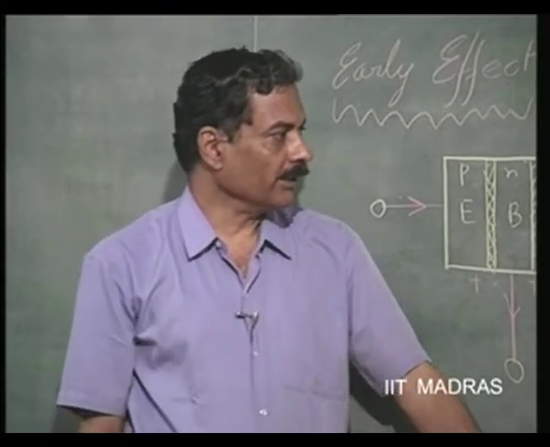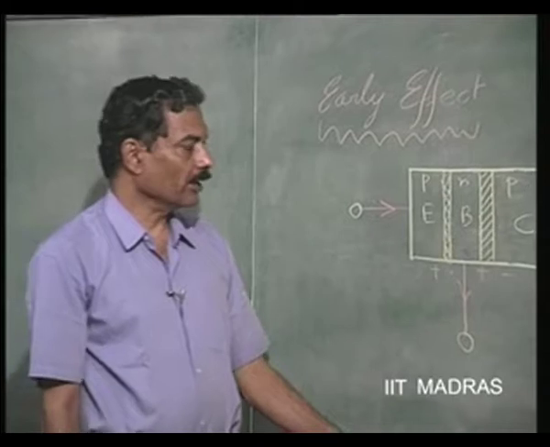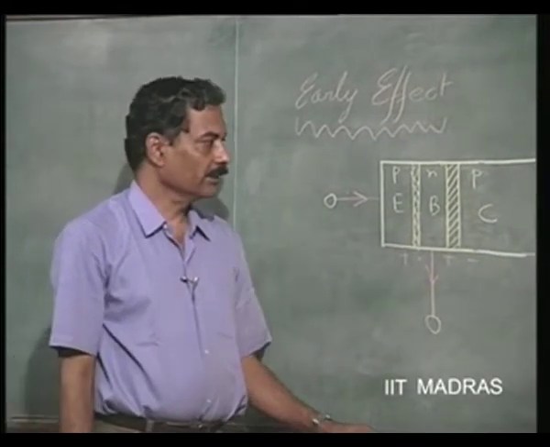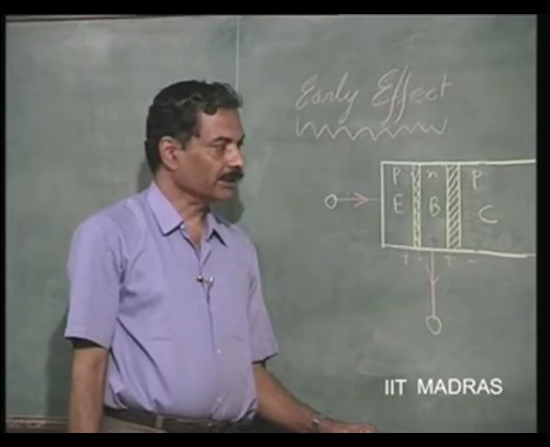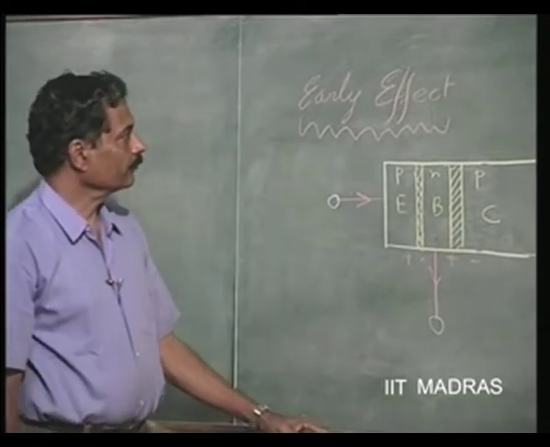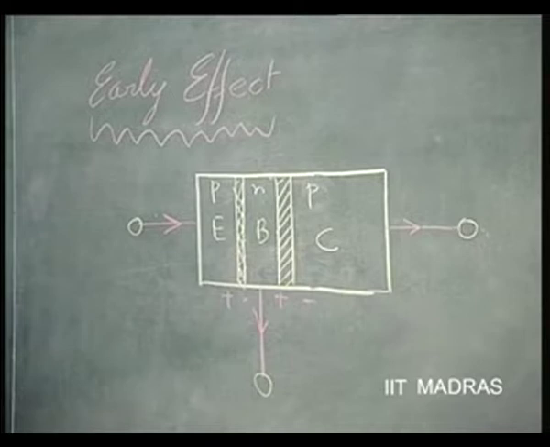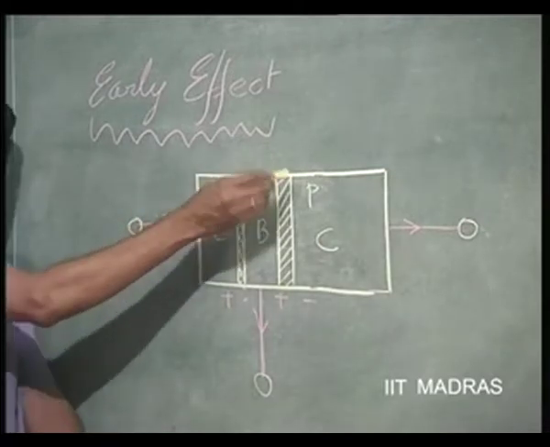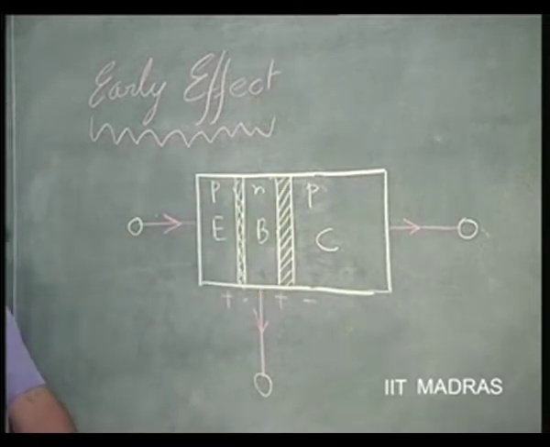Let us try to learn more about this output resistance for this bipolar junction transistor. The effect that we are going to discuss is called Early's effect. What is it? We will again take the same PNP transistor that we had used earlier.